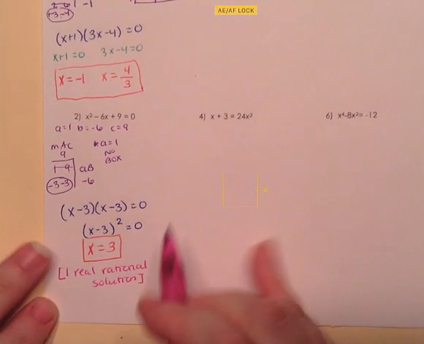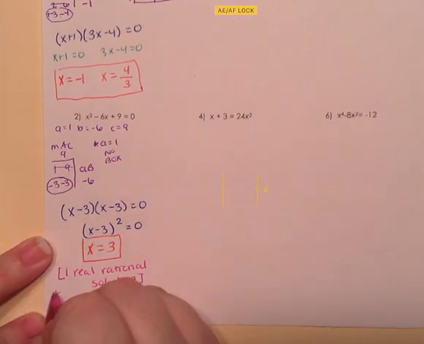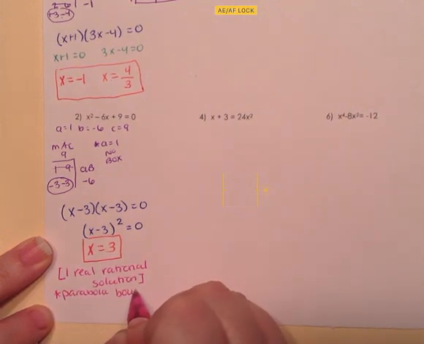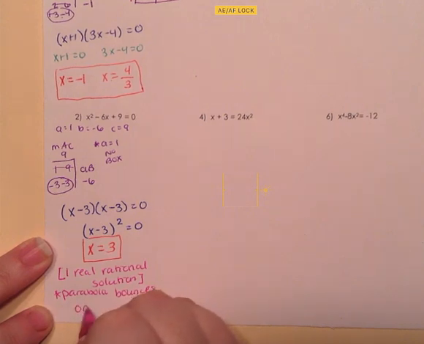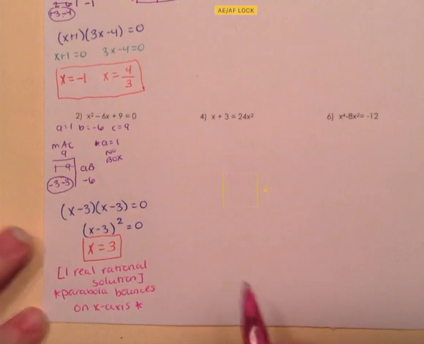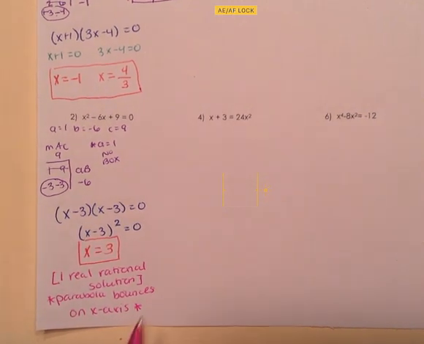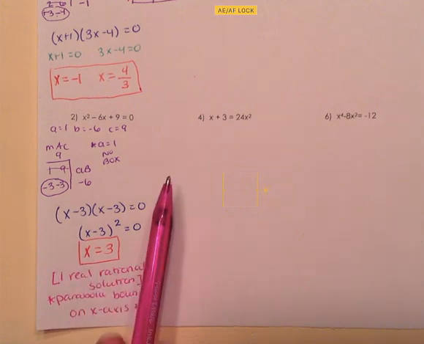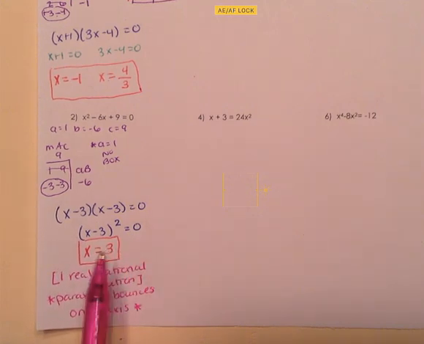And what that means is that the parabola bounces on the x-axis. That also means that your vertex is the same as your x-intercept because it's just bouncing on it. So then it's going to go down to x equals 3 and then bounce back up. So your x-intercept is the same as your vertex.